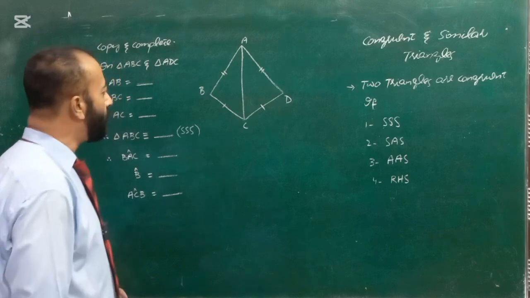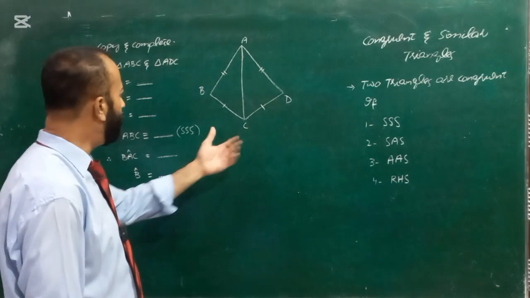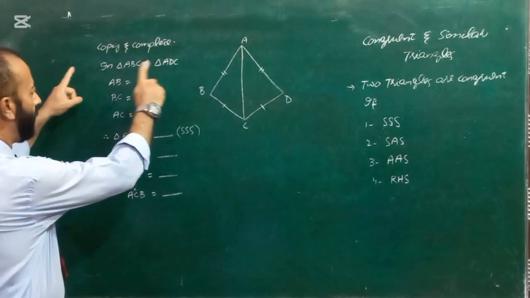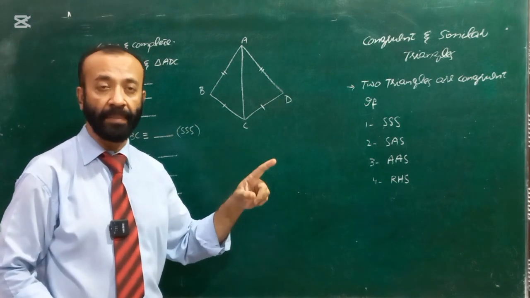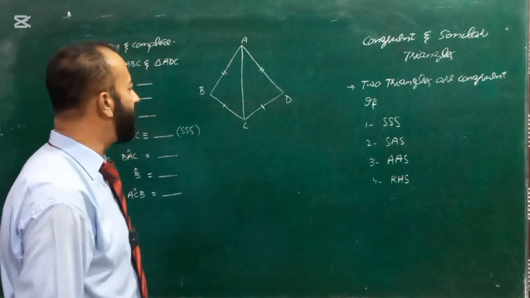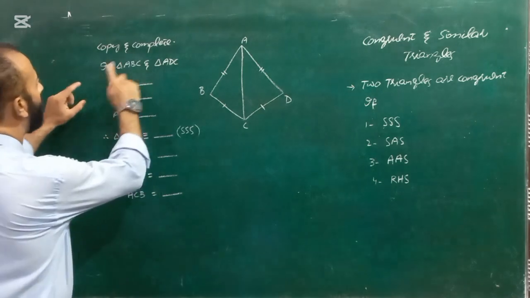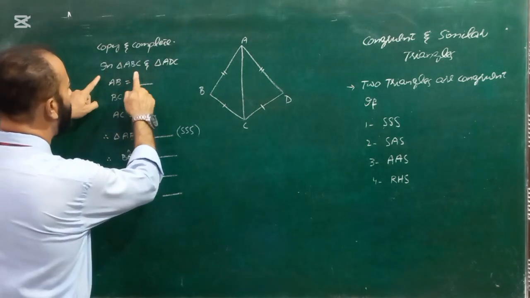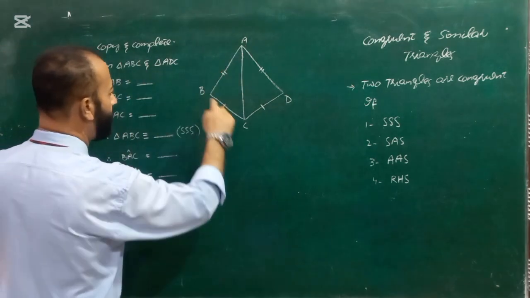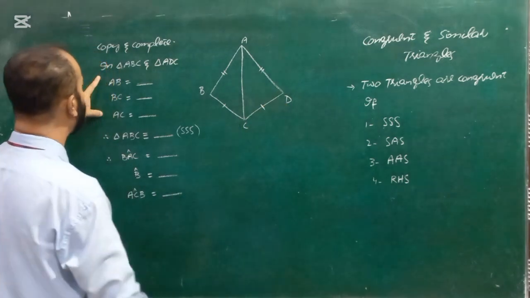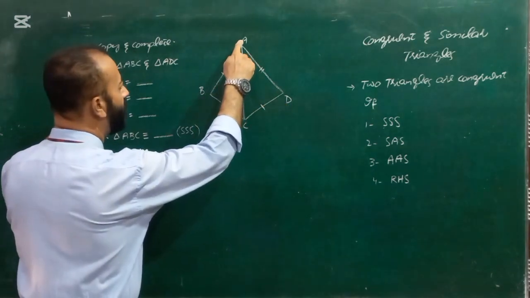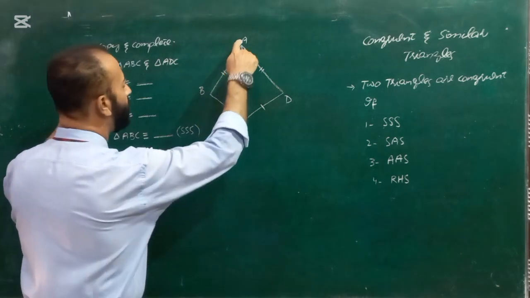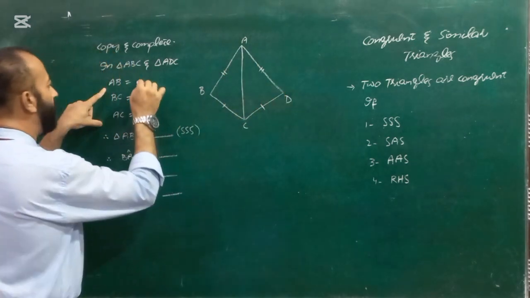Here is another question. So a figure is given. And here is a question that we have to complete. This kind of question normally comes in paper number 1 of mathematics O levels. So look now, copy and complete: in triangle ABC and ADC. Here is ABC and here is ADC. So AB is equal to, look now, we are moving from vertex to double side, so vertex to double side is AD.